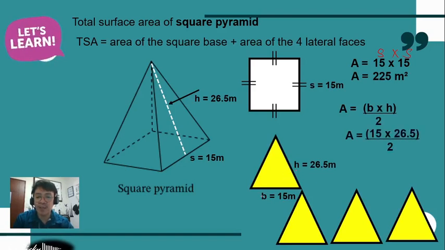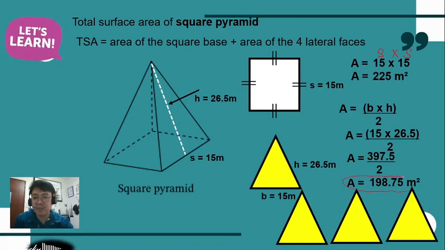So the base here is 15 meters, the height is 26.5, then divided by 2. A is equal to 15 times 26.5, which is 397.5, divided by 2. The area is equal to 198.75 square meters. This is only the area of the first lateral face, so we will be multiplying it by 4.